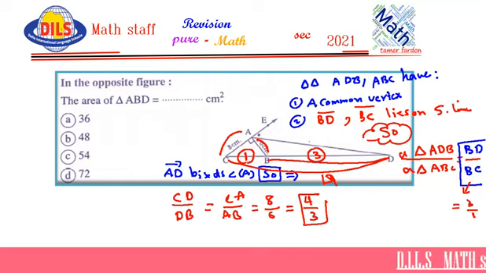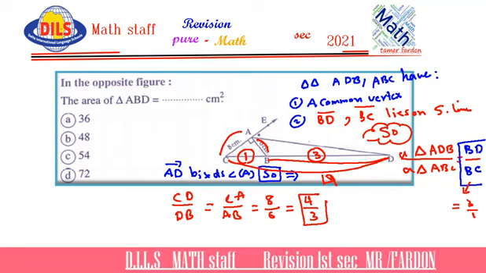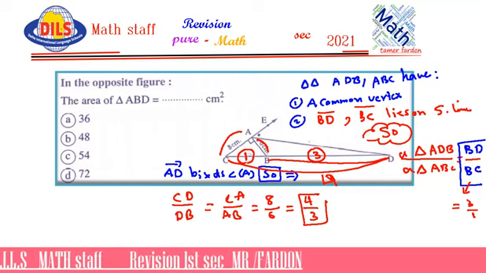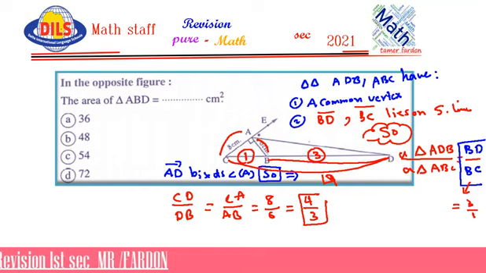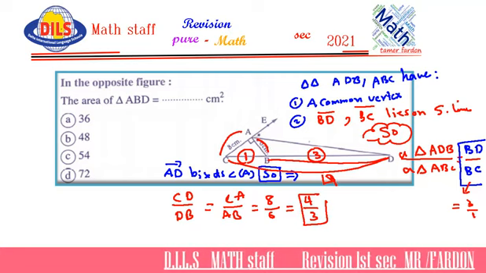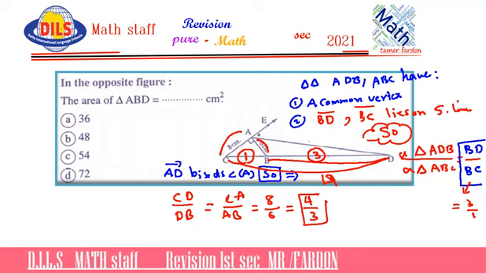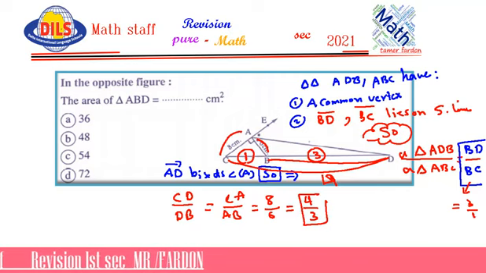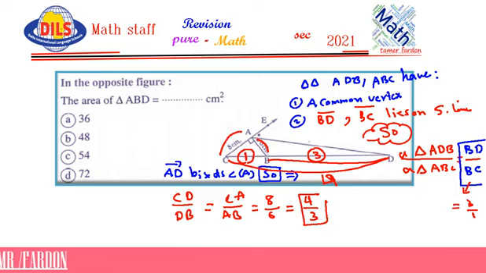So the ratio between the area of triangle ABC and the area of triangle ADB equals 1 over 3, or 3 to 1. That means the area of triangle ABD is 3 times the area of triangle ABC.